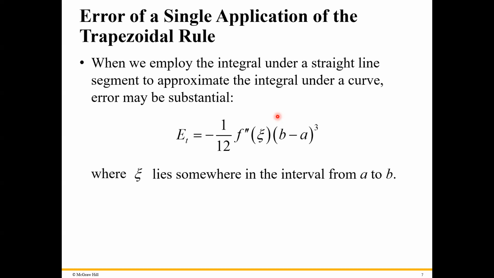But of course, there will be an error if the function is higher than linear, because the second derivative of that function will not be equal to 0.